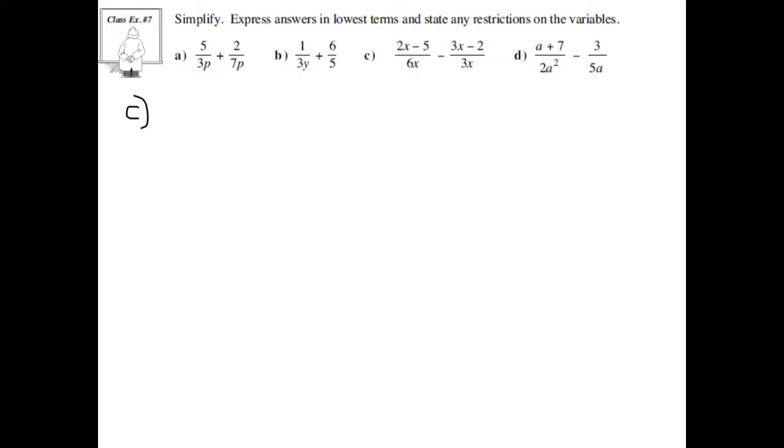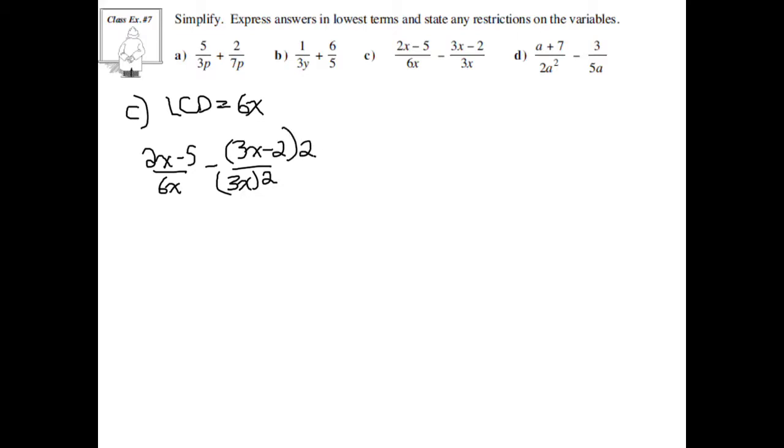With C, we've got 6x as one denominator, 3x as the second denominator. The lowest common denominator between the two is 6x. So 2x minus 5 over 6x minus, and to get 3x to be 6x, I multiply by 2, which means 3x minus 2 in brackets also needs to be multiplied by 2.